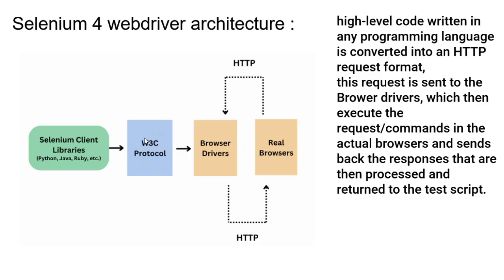Previously it was the JSON protocol. Before Selenium 4, in previous versions it was the JSON protocol, but from Selenium 4 onwards, it replaced the JSON protocol with the W3C protocol. Protocol means it's just a set of rules by which client and server communicate. And these browsers are controlled by browser drivers.